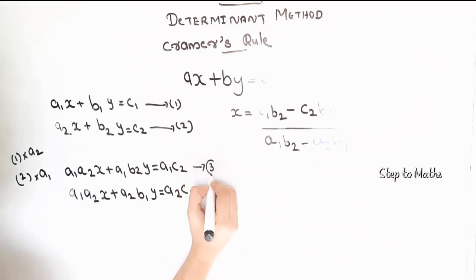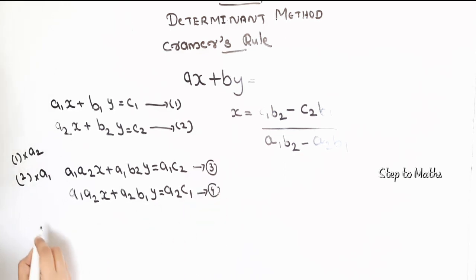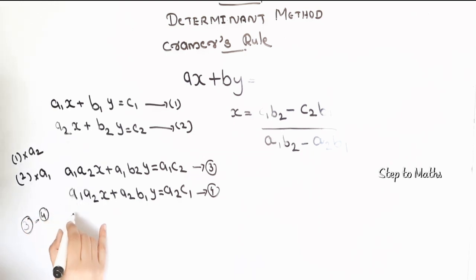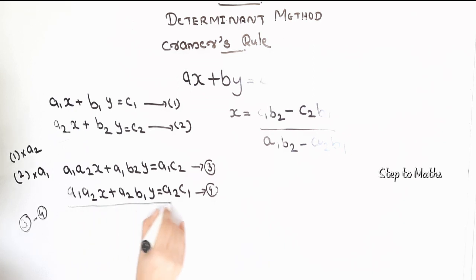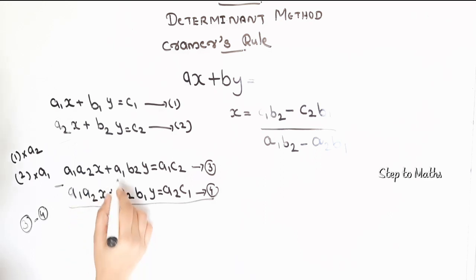These are equation number 3 and equation number 4. Now subtract equation 3 minus equation 4. a1 a2 x minus a1 a2 x is cancelled.